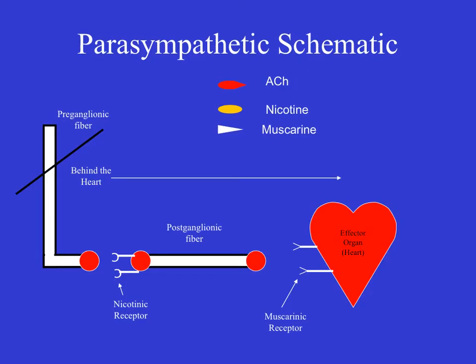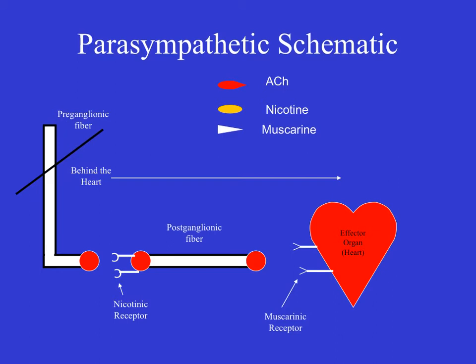The best way to figure out exactly what's happening in this experiment is to break it out and look at it in terms of a schematic. A schematic is just a graphic representation of what we're looking at. And the reason I say that it's a representation is because we're dealing with the parasympathetic nervous system, which means that our autonomic ganglia is a terminal ganglia, and it's located at or within the effector organ.